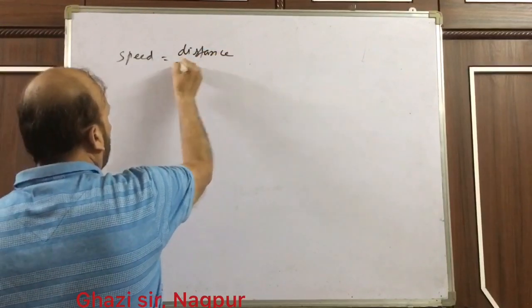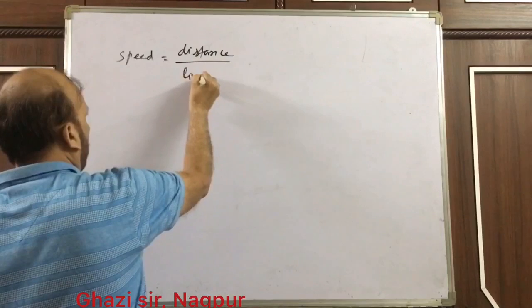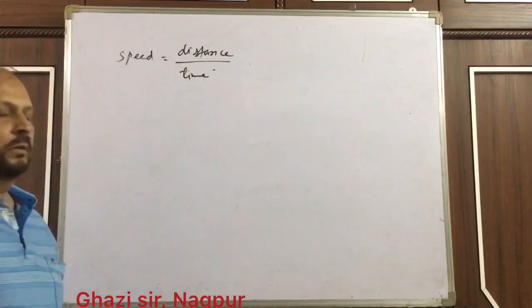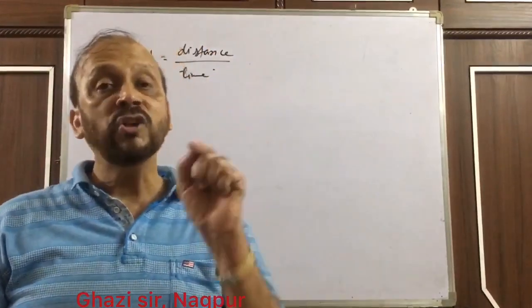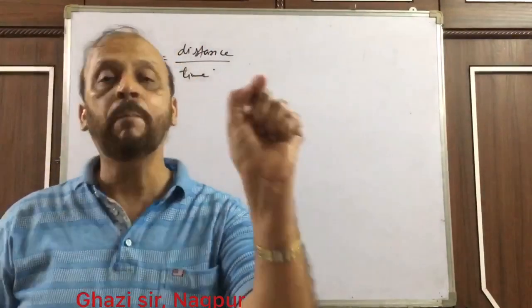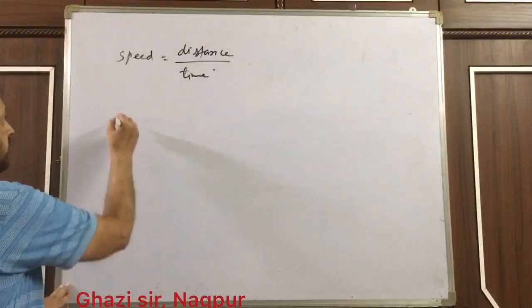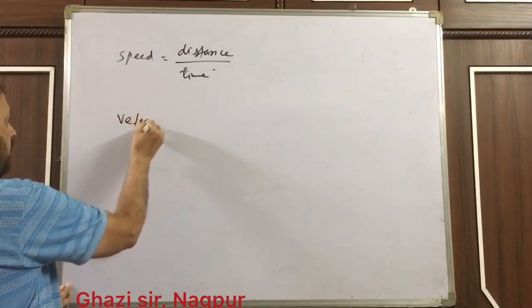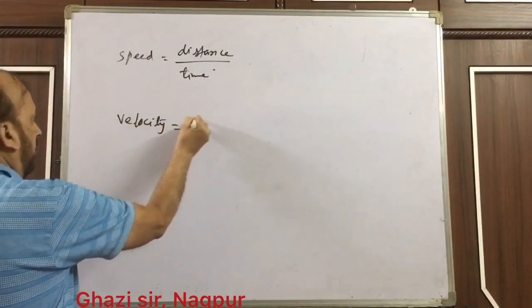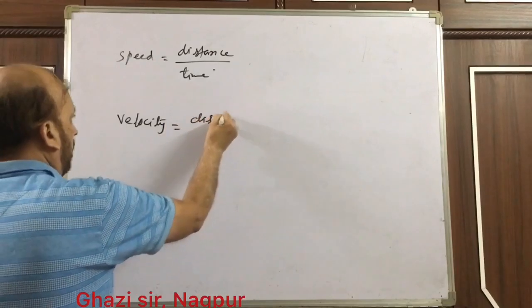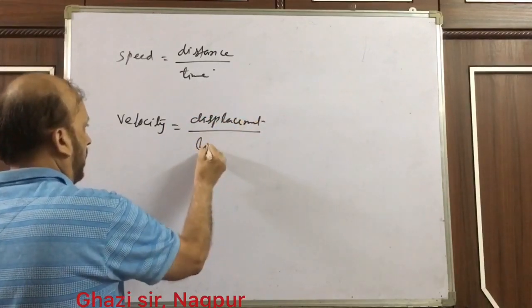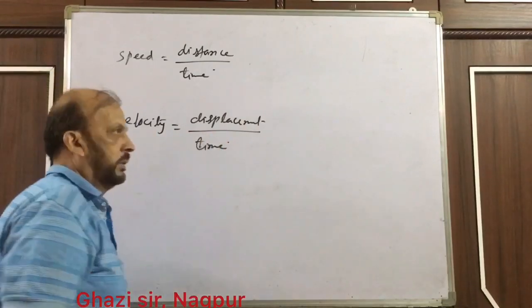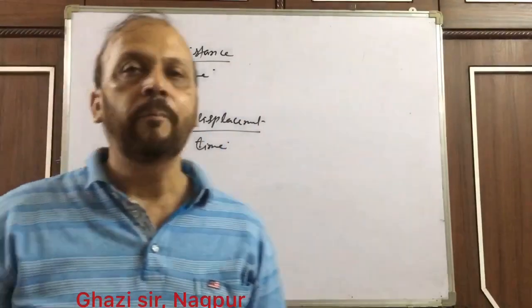So distance traveled per unit time is called speed, and velocity is displacement per unit time. So both quantities are not the same.